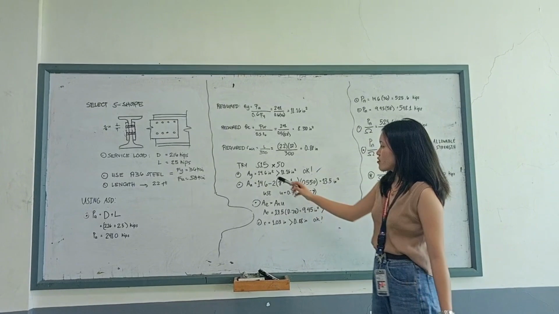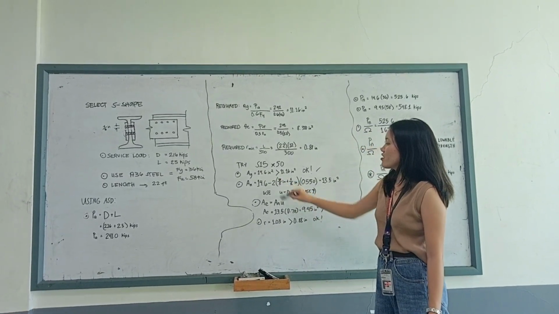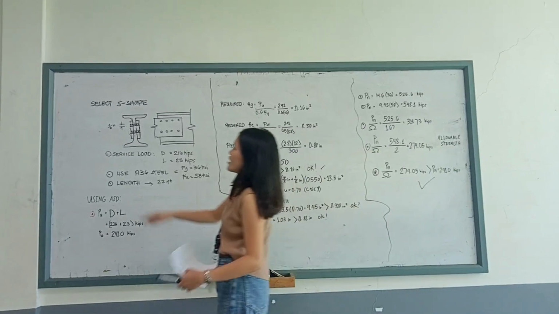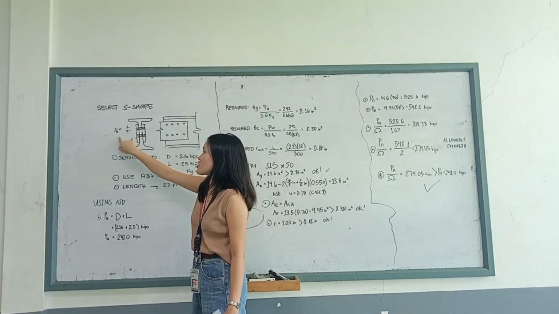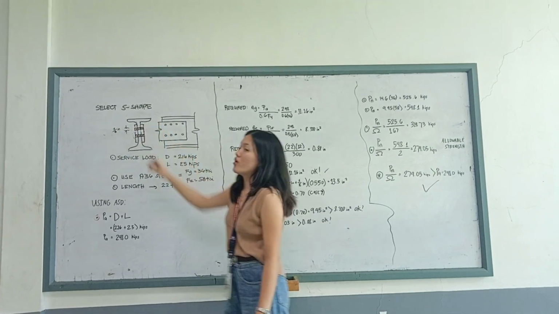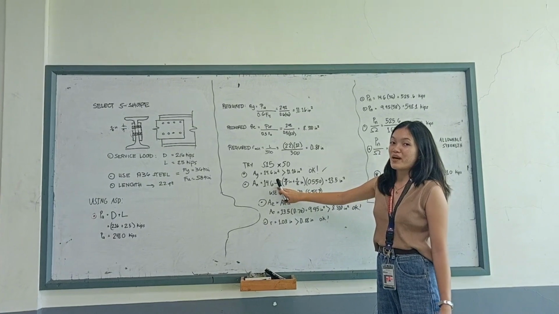So, from the gross area, 14.6 minus, since our bolt diameter is 7/8 inch and there are two holes, we multiply by 2.